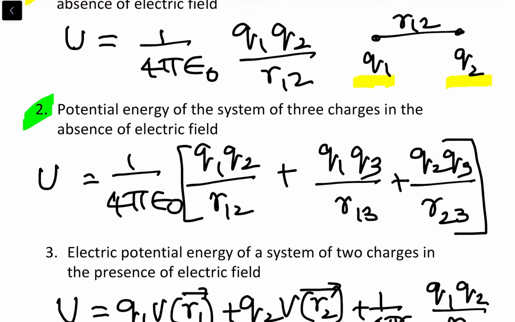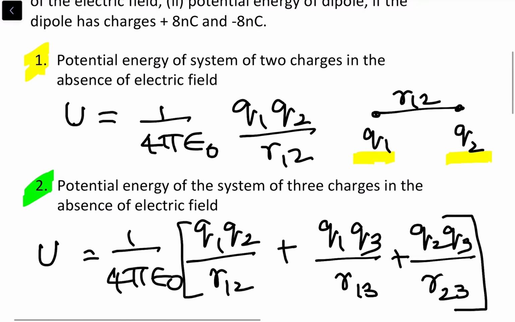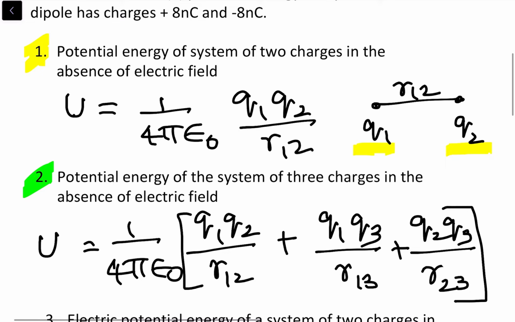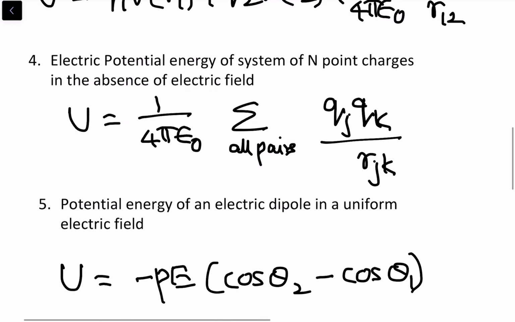And for the same system of two charges which I have shown in yellow color, in the absence of electric field, we use the formula which I have drawn. But if it is in the presence of electric field, we have to use a different formula, which I wrote here as the fourth formula.